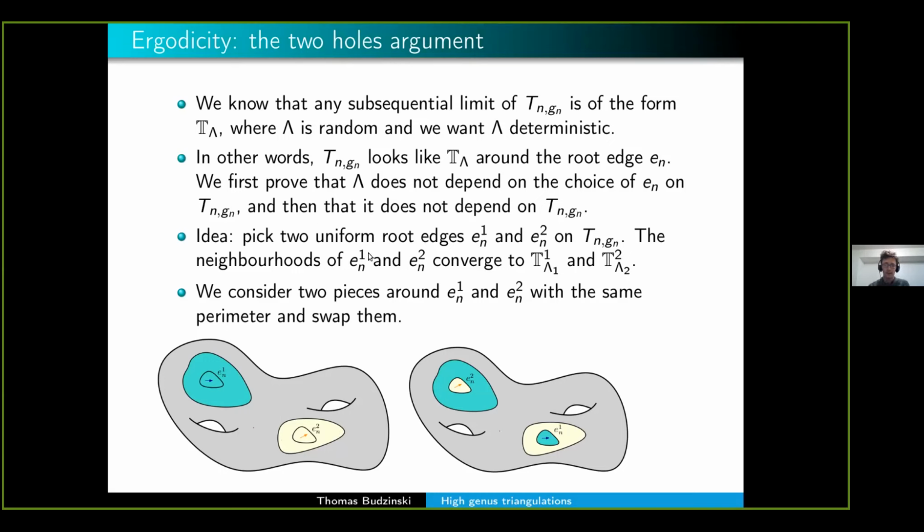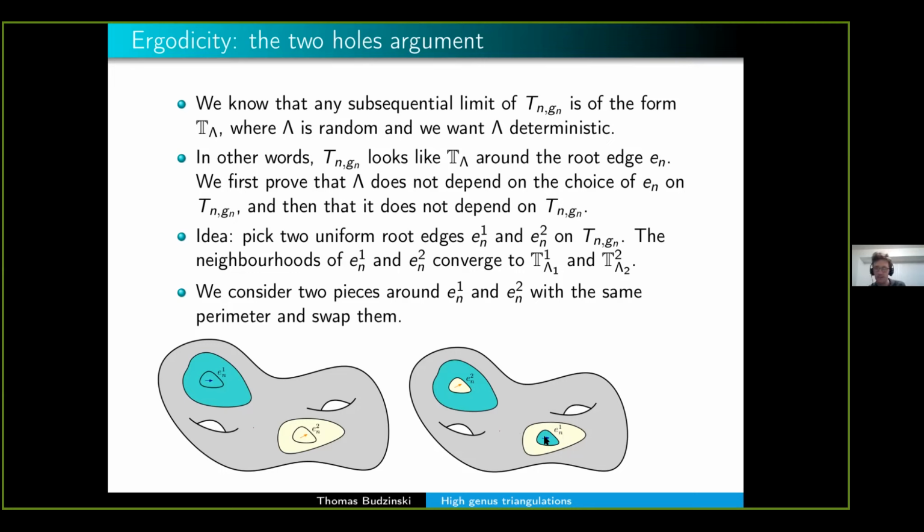But if the two parameters lambda1 and lambda2 were different, I could swap a neighborhood of en1 and a neighborhood of en2. This operation of swapping two neighborhoods is an involution. So what I see on the picture on the right is still uniform, which means that the neighborhood of a root in the picture on the right should still be uniform. So the neighborhood should still look like a Pschit.